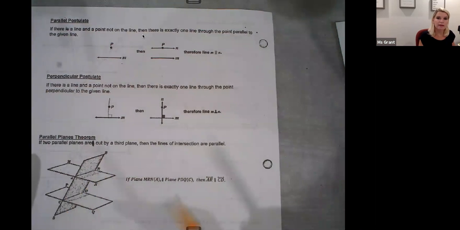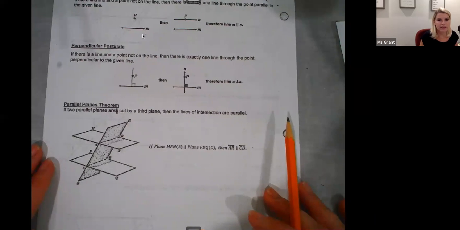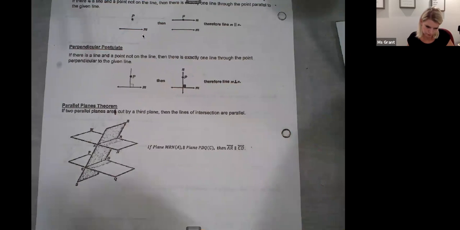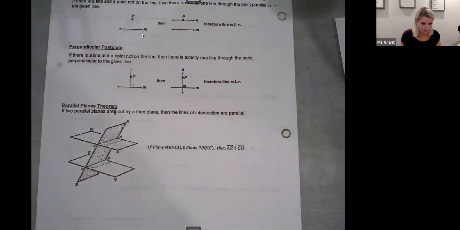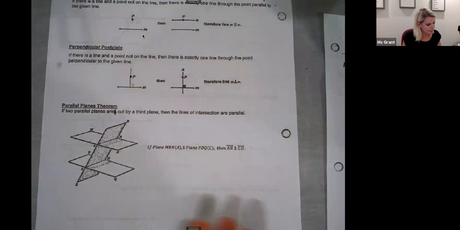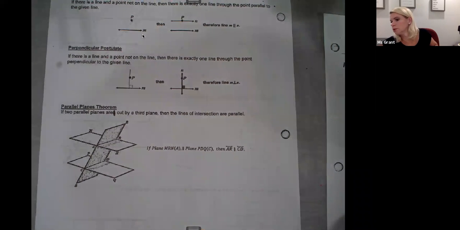If the planes are parallel, then AR and CD are parallel. So there's lots happening here, lots of different angles to talk about.